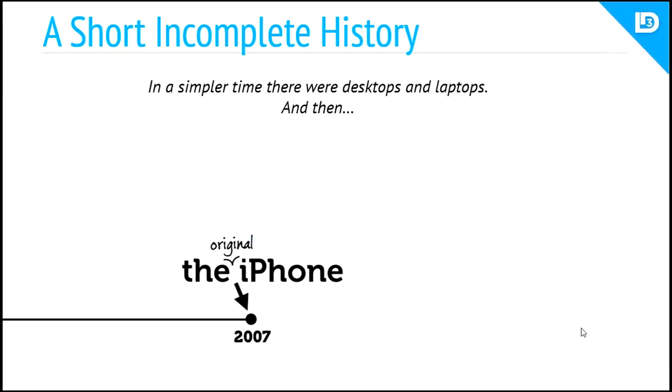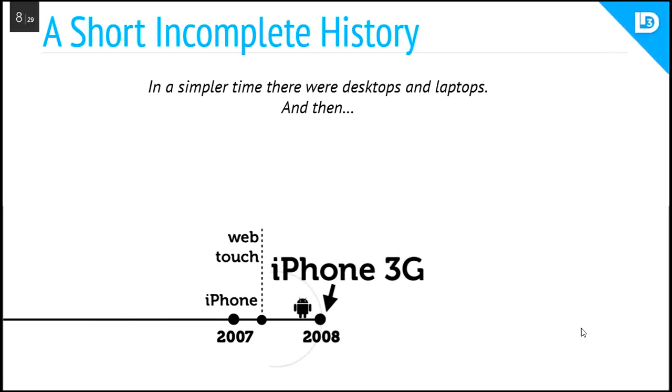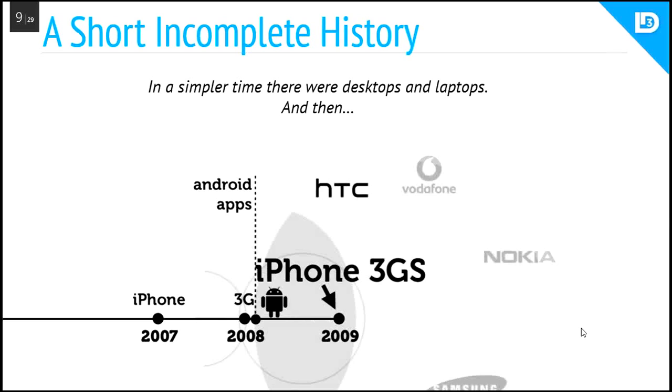And then came the iPhone, an entirely different device, a different size screen, a different resolution, and a different set of needs, a different set of requirements from the user's perspective. Then things start to get a little complicated. Then we've got Android coming out around 2008, the new iPhone 3G, and all right, so now we've got a couple of devices, a couple of resolutions.